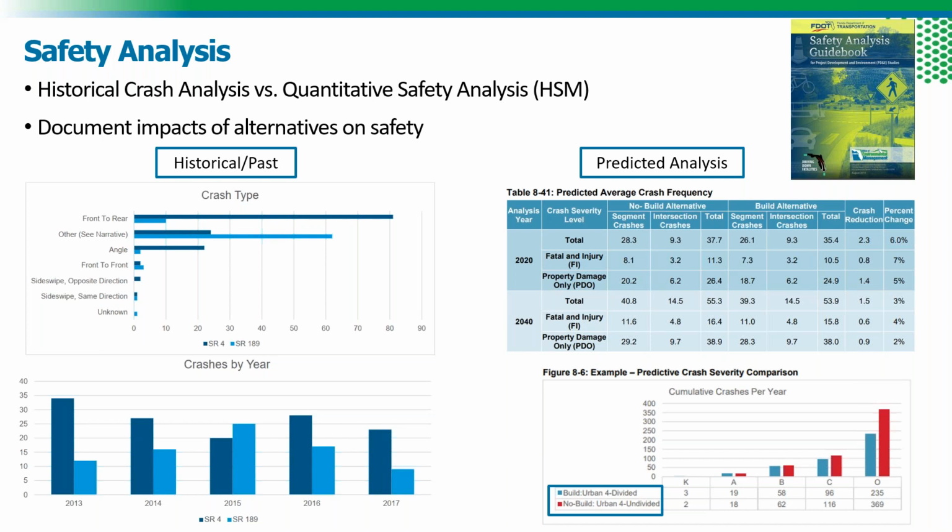So that is a very common comment that we've given back many times, is that the methodology letter says it will do some sort of predicted analysis and then it's not included. And I get that. Many times the HSM may not apply to certain alternative geometries, but what is recommended is at least a commentary from an engineering judgment of how it might impact future crashes, and documentation on why typical tools such as the Highway Safety Manual or crash modification factors from either FDOT published ones or the clearinghouse aren't used.